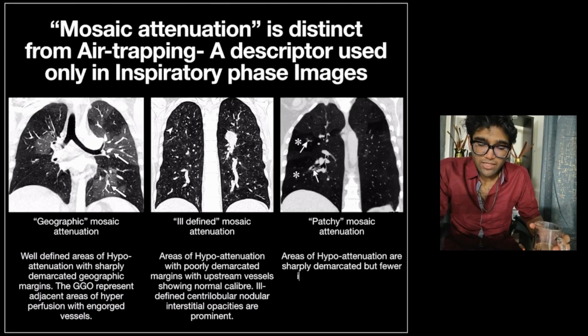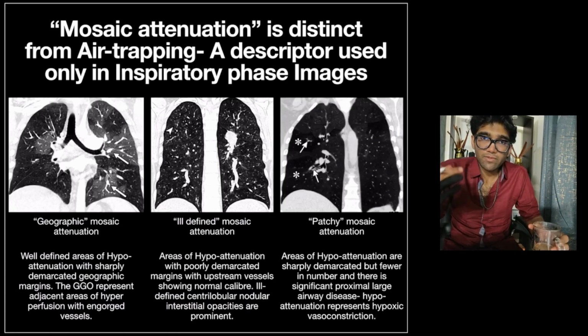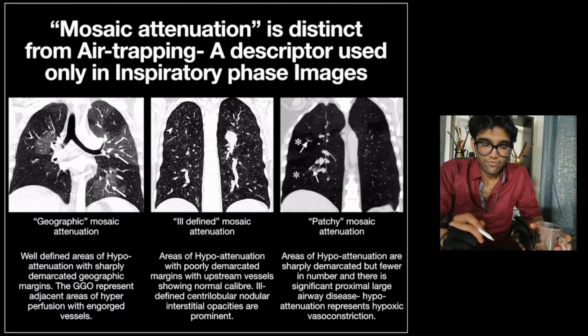Now, patchy mosaic attenuation is due to a proximal airway problem. During subsequent imaging, you might find that the proximal airway problem is corrected, and therefore the distal alveoli are no longer hypoxemic, and that is not causing vasoconstriction anymore, and that resolves. So the resolution is the main feature that differentiates it from geographic mosaic attenuation.